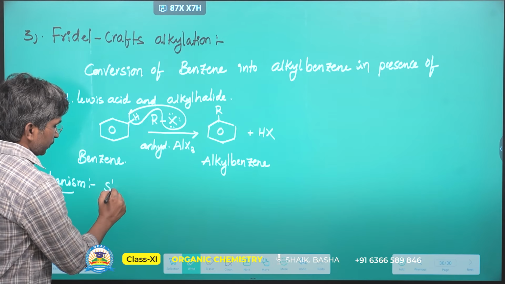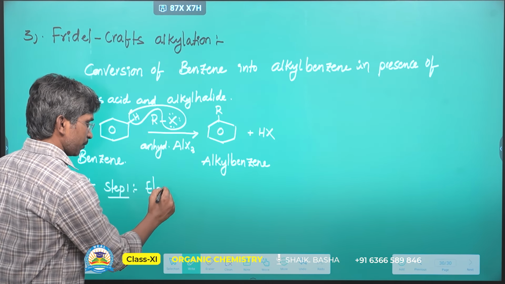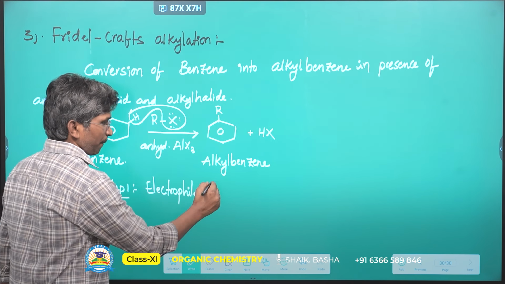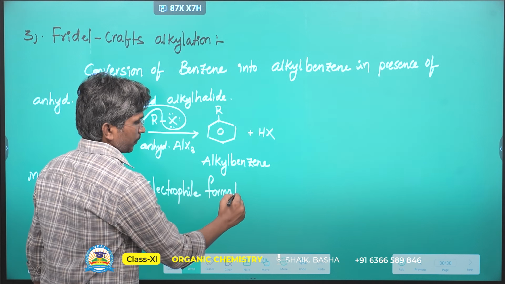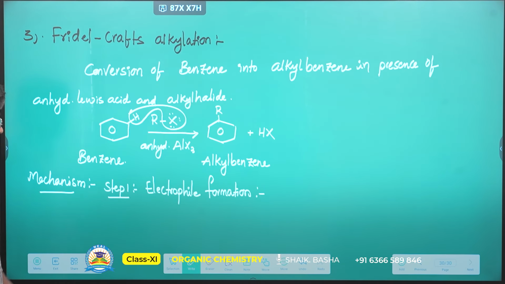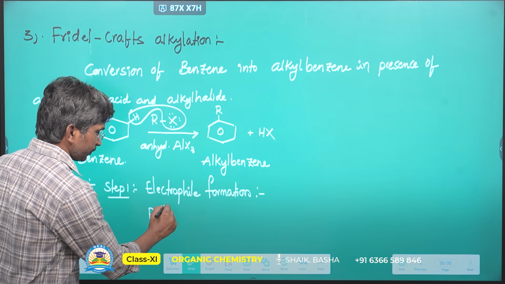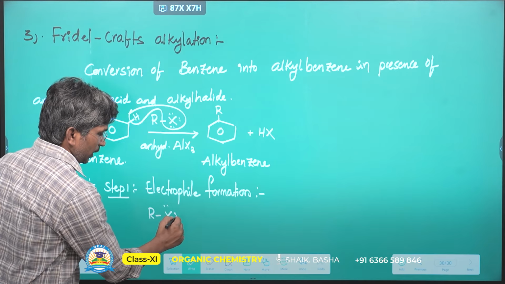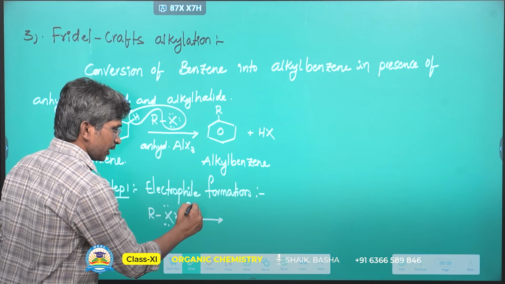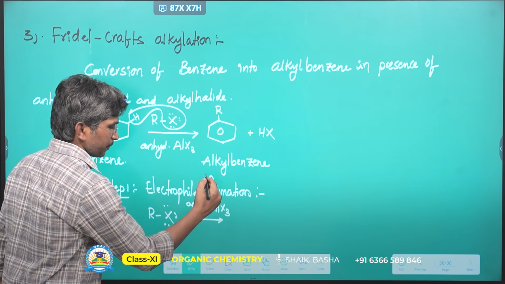Step 1: electrophile formation step. How do we get the electrophile? For example, first of all, in a beaker, we take the alkyl halide. The halogen has 3 lone pairs of electrons, and we slowly add anhydrous AlCl3 or AlX3.